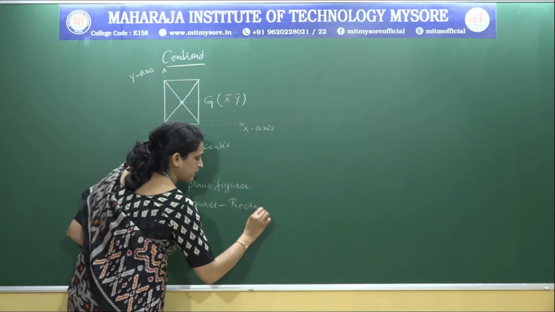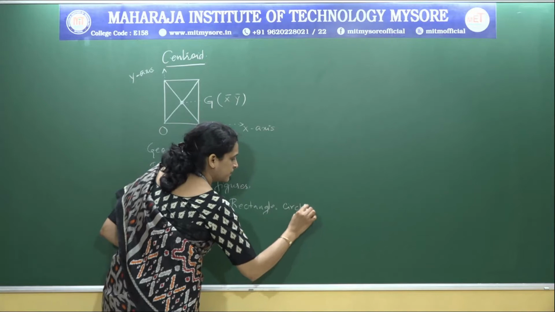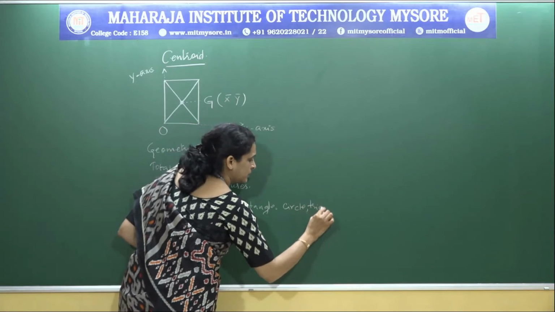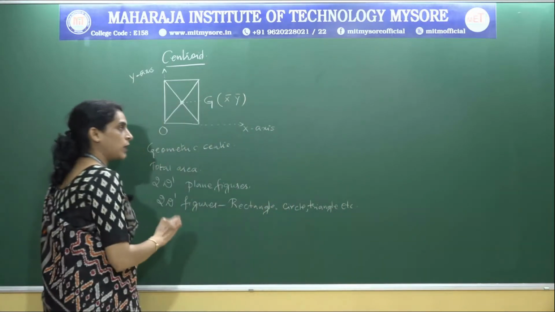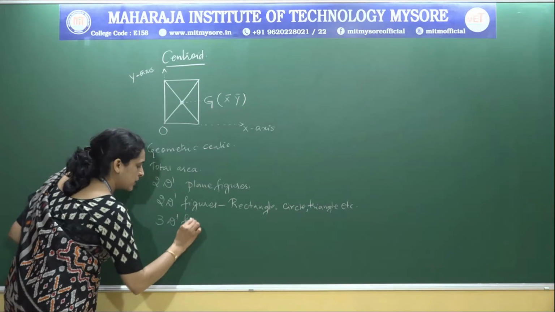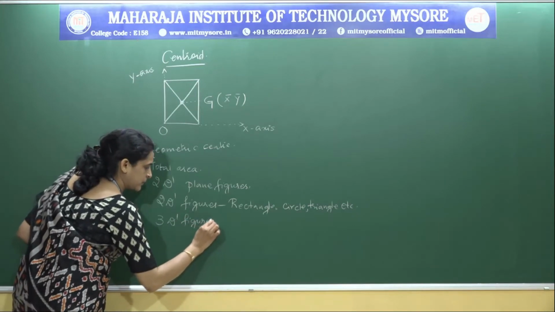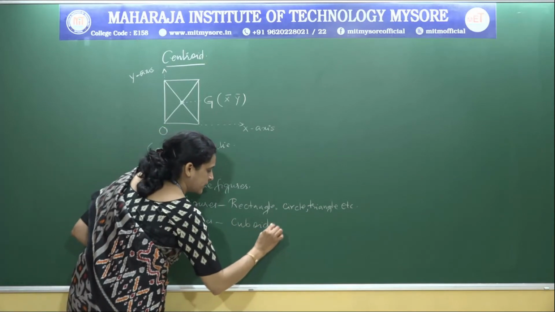Rectangle, circle, triangle, etc. Now moving on to the examples for three-dimensional figures, specifically cuboids.